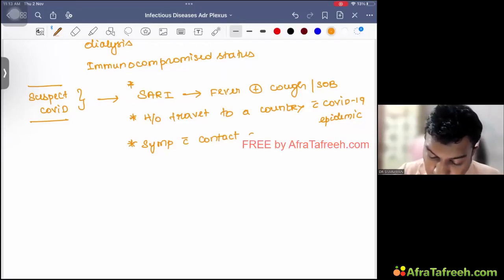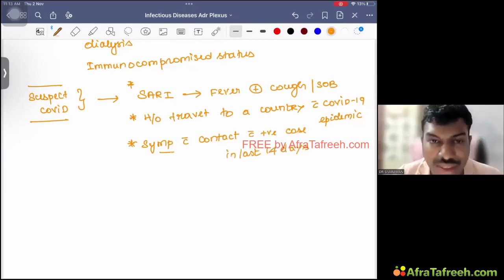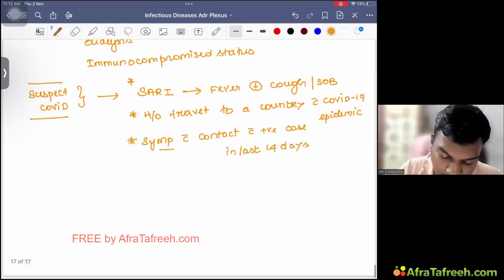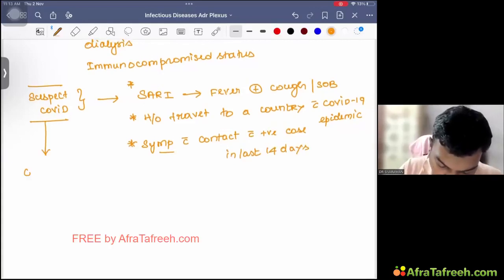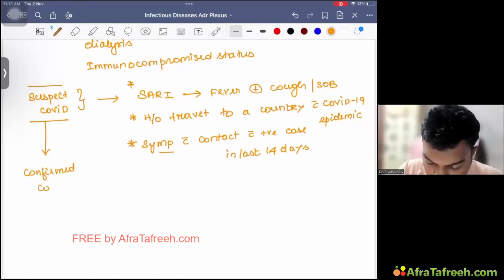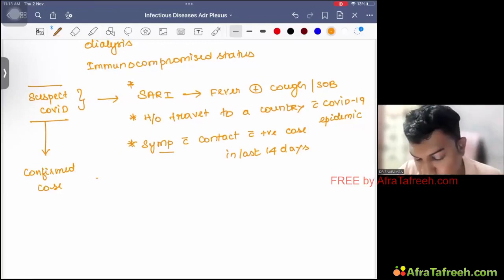So a patient who is symptomatic and has been in contact with a COVID patient recently, these patients you have to suspect COVID, and this becomes a confirmed case of COVID whenever the lab diagnosis is positive.